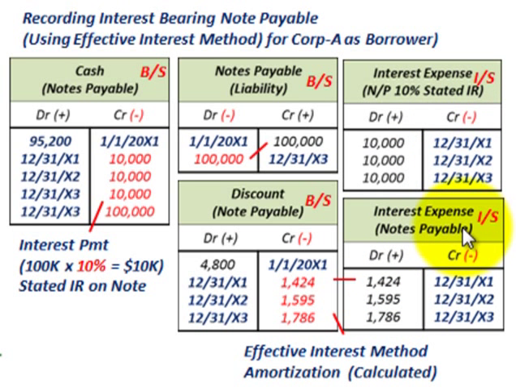And then finally, when this note does mature, we have to pay it out at the end of the third year, 12/31 X3. All we do is debit our notes payable, removing it off the books, and then we'd credit or reduce our cash account by $100,000.